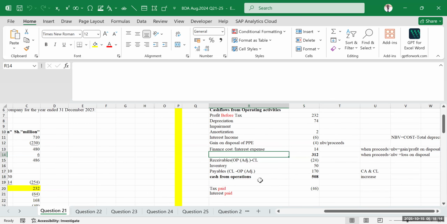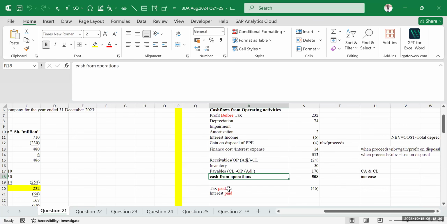After that, you can say working capital adjustments, then start your receivables, inventory, and payables. Then you can say cash flow after adjusting for working capital, or cash flow after working capital adjustments. In my case, I used cash from operations.